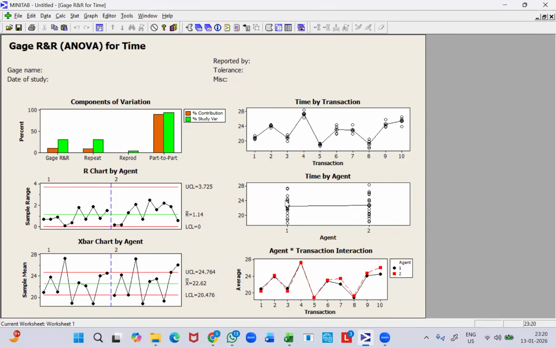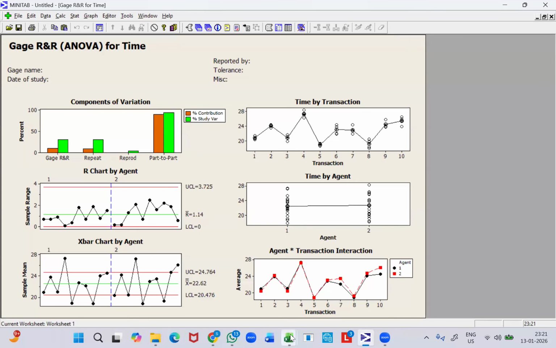Now moving on to the next one. This is actually individual plotting, the plotting of individual data points pertaining to both agent 1 and agent 2 covering all the 10 transactions. If you see, the agent 2 plotting seems to be higher in length compared to that of agent 1, indicating that agent 2 has exhibited higher variation. The range of the data points seems to be significantly higher compared to that of agent 1.